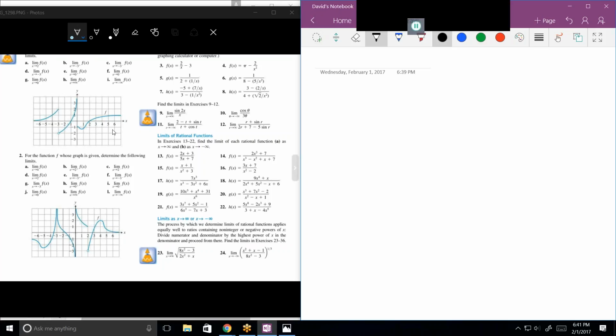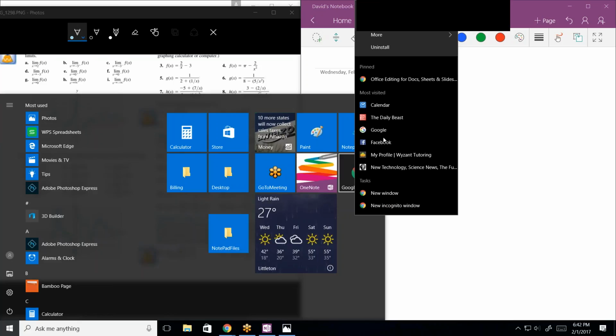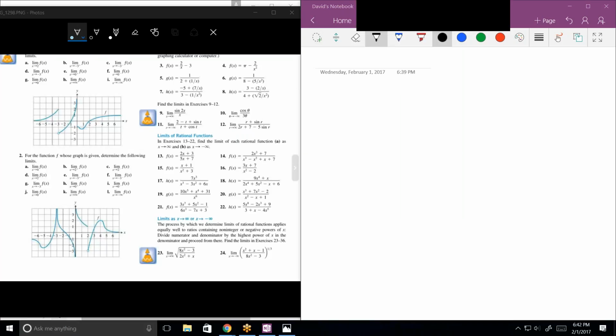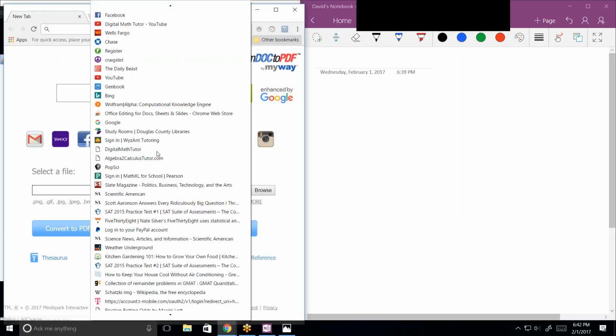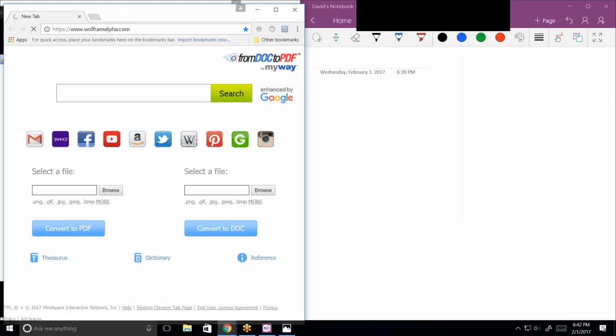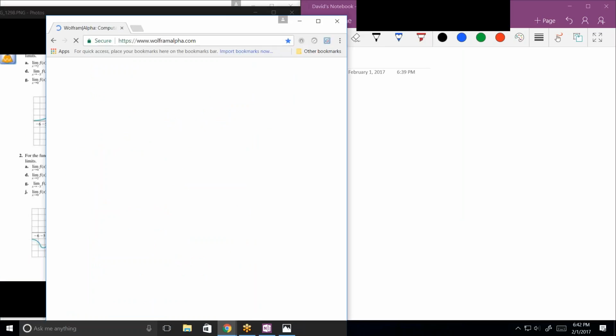And the real way to prove this is to graph it. Let me bring up Wolfram Alpha, because if you graph it, you can see where it goes when you're going to positive and negative infinity. Okay.